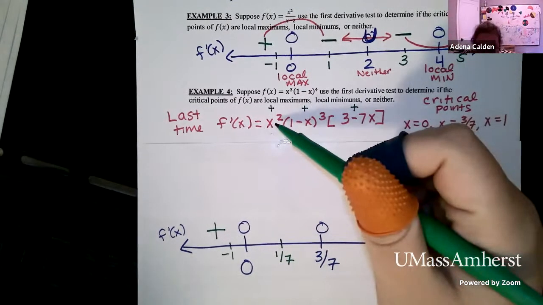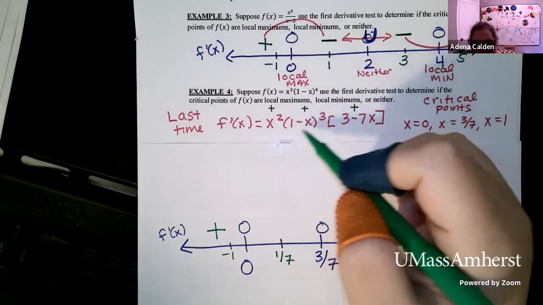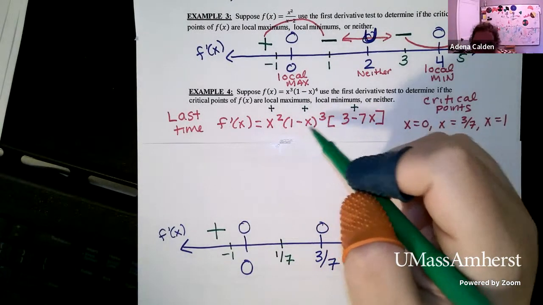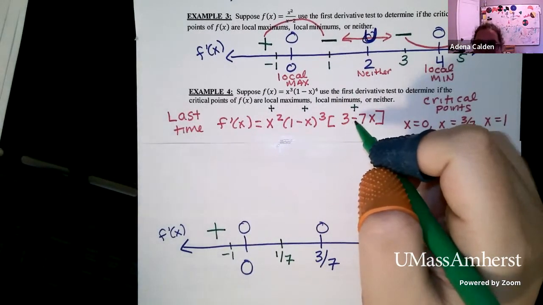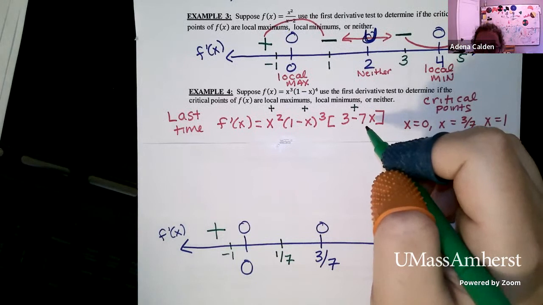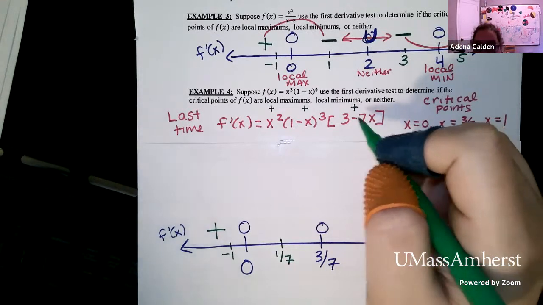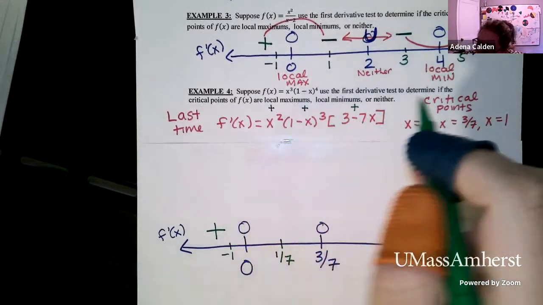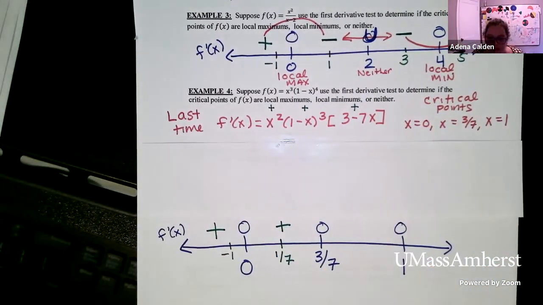So 1/7 squared is positive. 1 minus 1/7 is positive, so that cube will also be positive. And then for my last parenthesis here, 3 minus 7 times 1/7. Okay, so 7 times 1/7 is 1. 3 minus 1 is 2. So that's positive. So I have positive times positive times positive, and I get something positive.